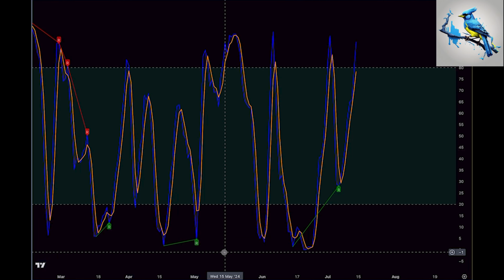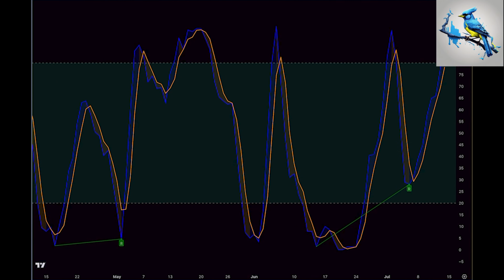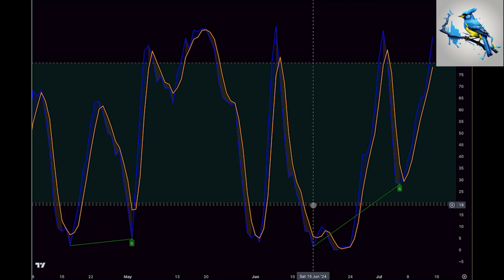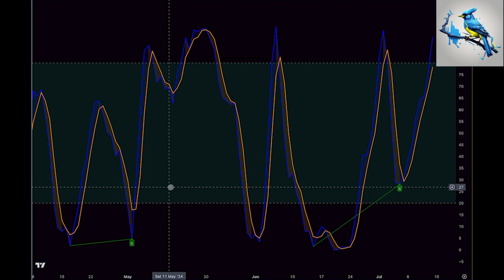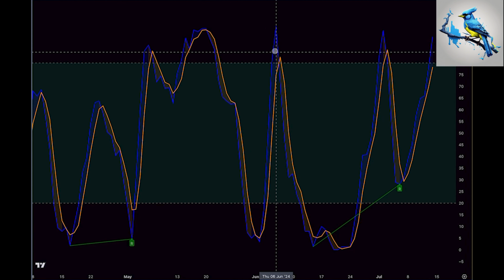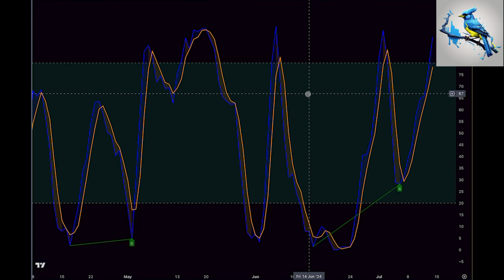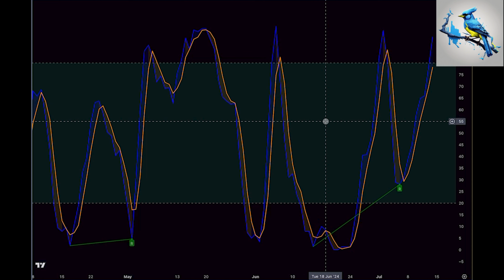Now, if we open up the stochastic RSI, what we're looking for here is 2 things. We're looking for the fast moving line to cross the slow moving line. What that means is basically momentum, whichever way it's going, is starting to shift the other way.